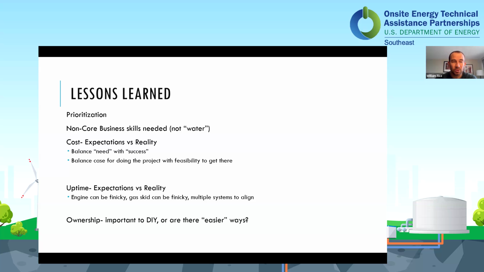Uptime was also an interesting discovery. The engine we have can be very finicky, which was nice. It wasn't ever going to break itself, but it was going to shut itself down if things were even slightly headed in the wrong direction. So just being present, I feel like the engine and I eventually formed a little bit of an emotional bond, right?